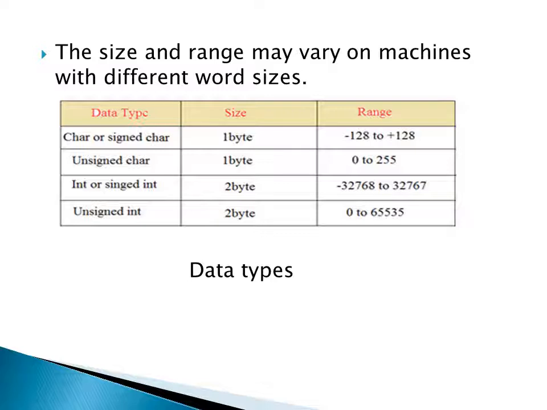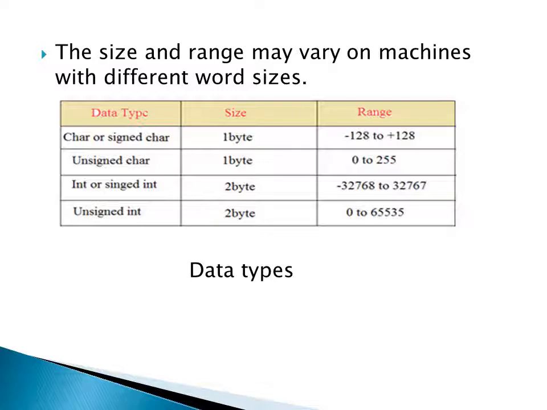The data type, size and range we will see in this table. Character or signed character, the size is 1 byte, range is -128 to +127. Second, unsigned character, size 1 byte, 1 byte is equal to 8 bits, range 0 to 255.